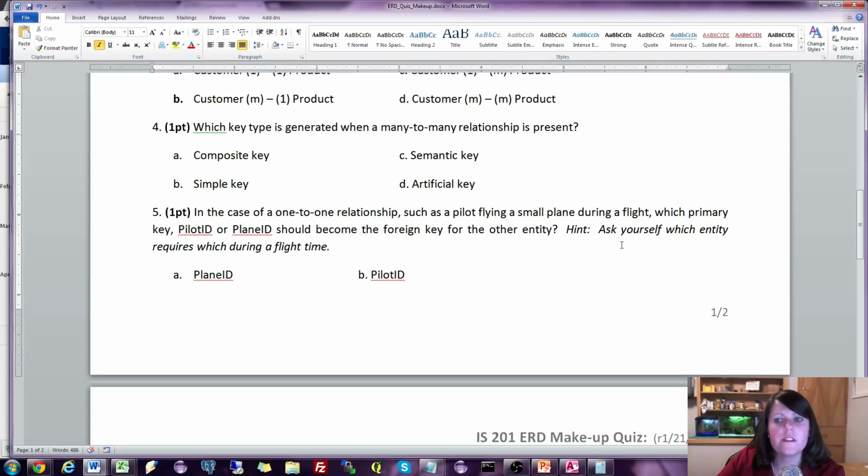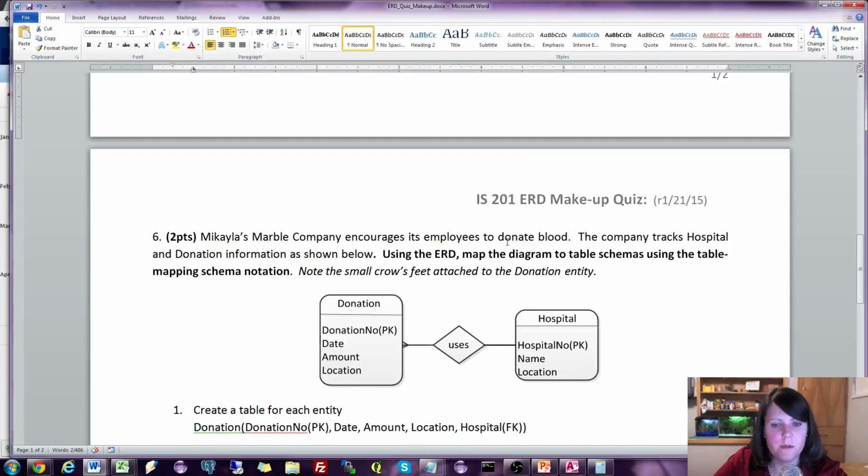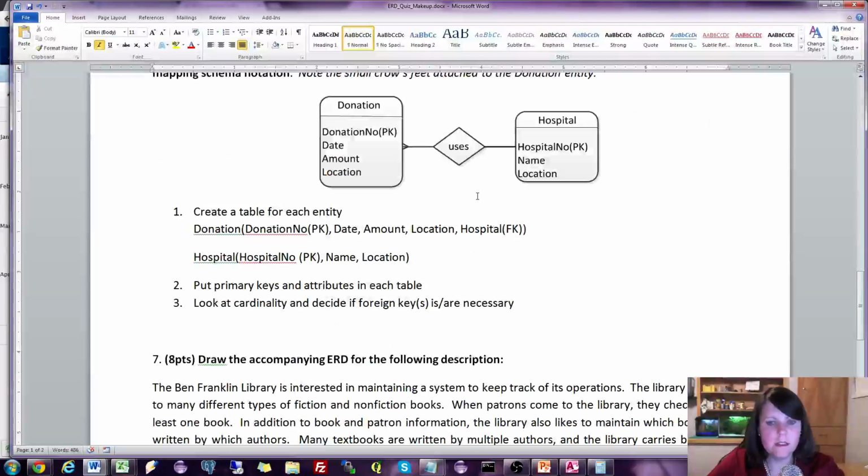The question is, which entity requires which during a flight time? During a flight time, a pilot doesn't necessarily need a plane, but a plane definitely needs a pilot. So the pilot ID becomes the foreign key, and it goes on the plane side of the relationship. You can draw that out if it helps you visualize it.